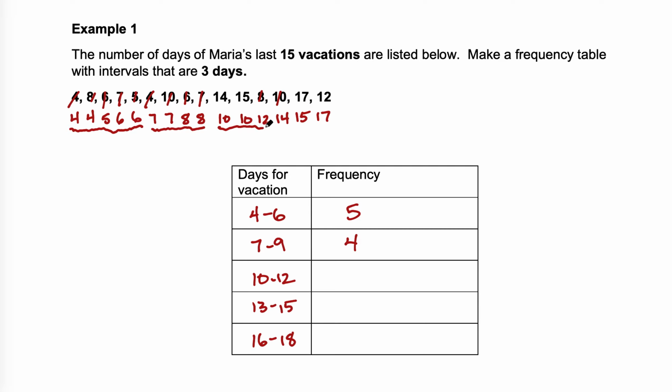Looks like there were 3 of them. 13 to 15. Well, there isn't a 13, but that's okay. 14, 15 are 2 of them. And then she had 1 vacation that was 17 days long. So there's our frequency table. And looking at it, it shows that the majority of her vacations are 4 to 9 days long.